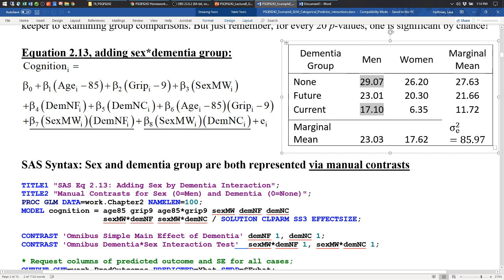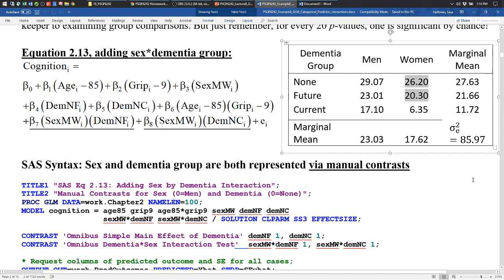So this first contrast here, sex by dementia NF, is going to tell me how this difference right here, this 6-point difference, differs from this 6-point difference.